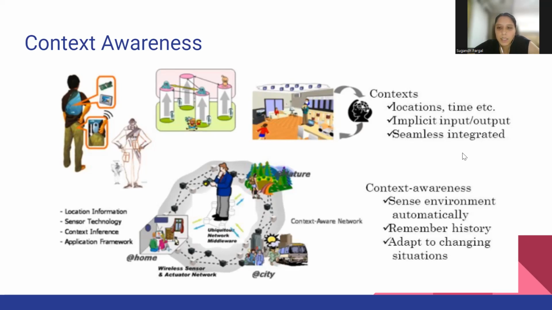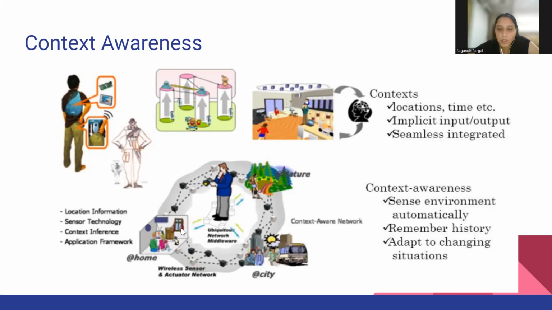Next, we will see context awareness. How can it be possible? Here is a diagram of a ubiquitous network in which we have the nature or surroundings, the city area where the buses, road networks and buildings are, and the home where the people reside.